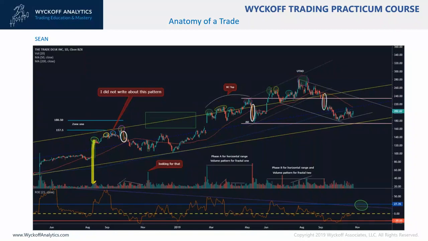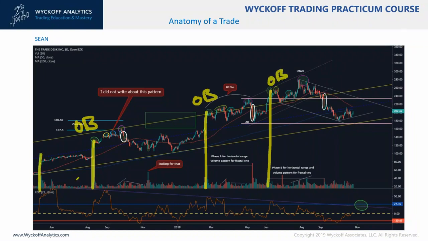I love this analogy, Sean, because we are starting with this stopping action that has the same type of characteristics where the volume signature expands, and we are going into the overbought condition in the price cycle. This one looked kind of similar as well.